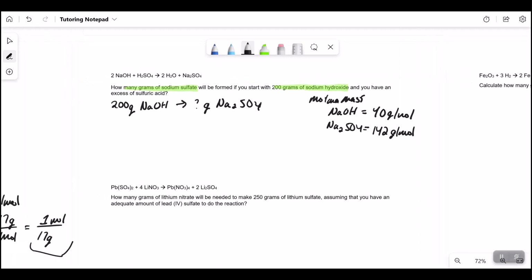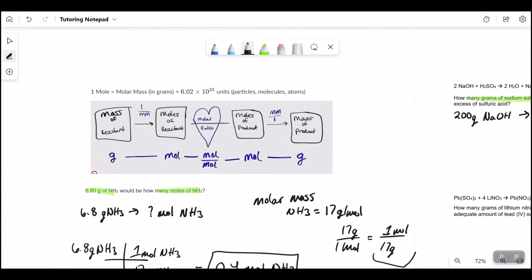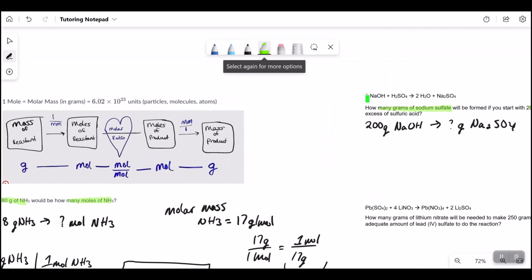We're going to follow something like this: we start in grams of reactant, then go into moles of that reactant. We want our molar ratios. If we look at the balanced equation, we can see that we have two NaOH to 1 of Na2SO4. The arrow tells us that these two reactants equal this product, so we could use that as our converter.